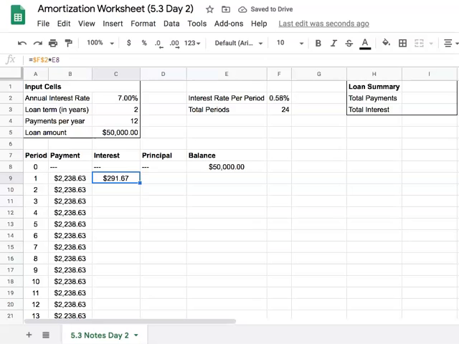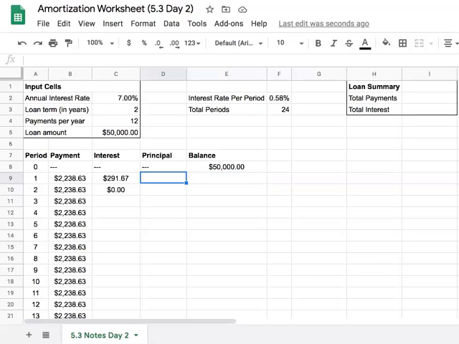It's still using F2, but now when I drag this down, I'll just drag it down 1. This is taking F2 still, but then using E9 instead of E10. So now you're going to multiply it by a different balance, but the interest rate is still the same. All right, so it's 0 right now because we actually have nothing in our balance here in E9.